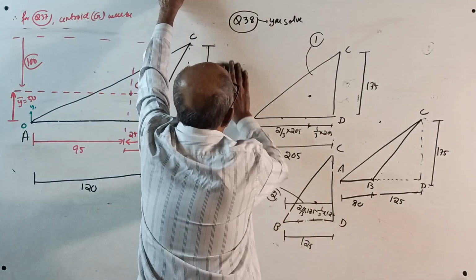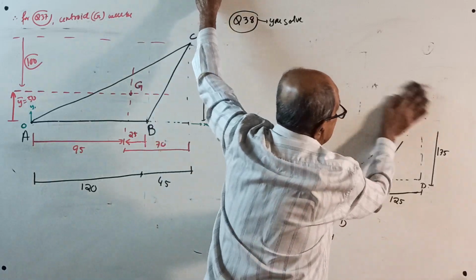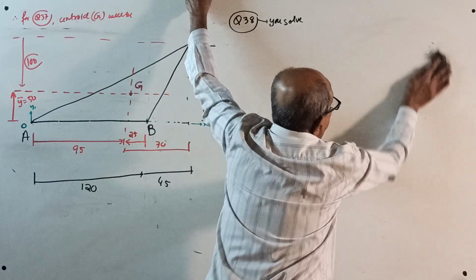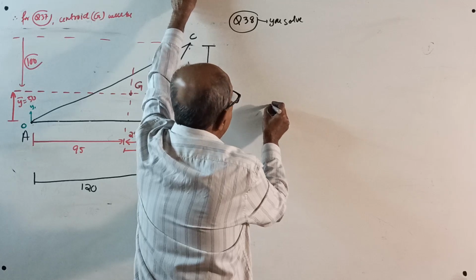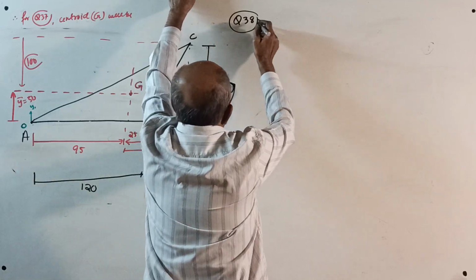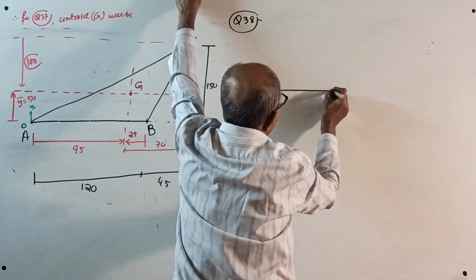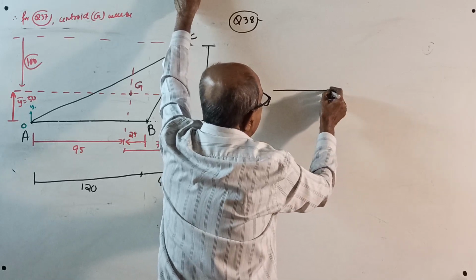Then go for a neat sketch. Go for a neat sketch. Use this partially. 80 is sufficient.